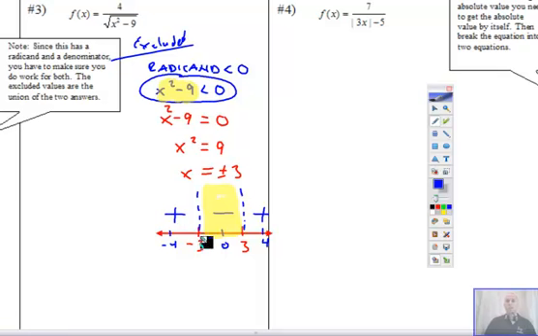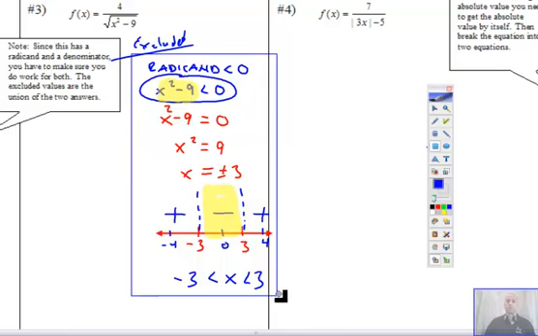Since it doesn't include that number, I'm going to use a dash segment. So when I look at this answer, I get from this that x can't be, it's excluded value, so x can't be between negative 3 and 3. All this goes together. So this is part of my answer down here at the bottom.